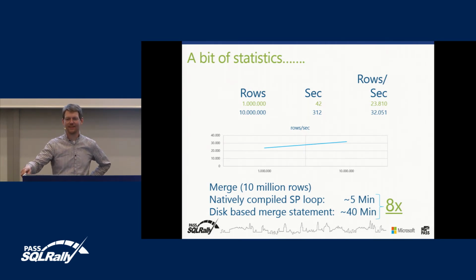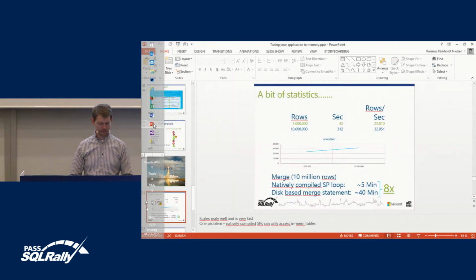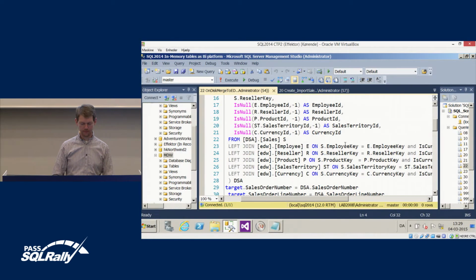Yes? The tables you had focused on, the outer join tables, were they also in-memory tables? Yes. This is a natively compiled stored procedure. That means that all objects referred to have to be memory tables or memory objects. So yes, every table here is memory optimized.